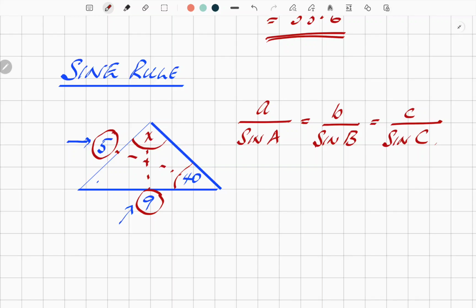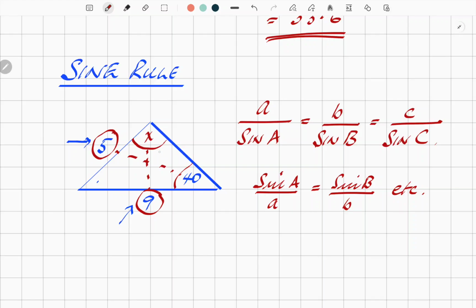And it doesn't matter which way up you write it. So you could do sine A over side A equals sine B over side B, etc. As long as you know any two sides and one angle relating to it, then you can use it to find one of the other angles.